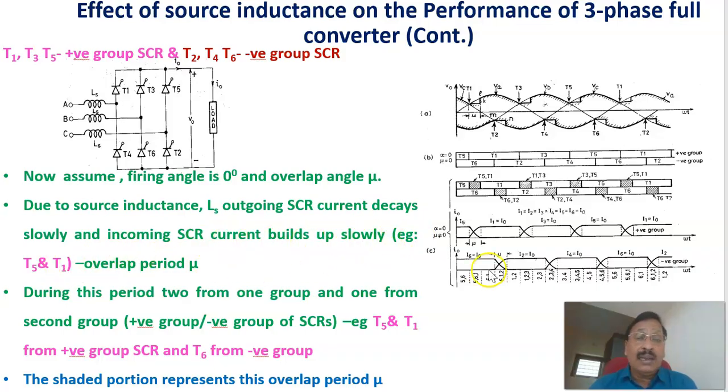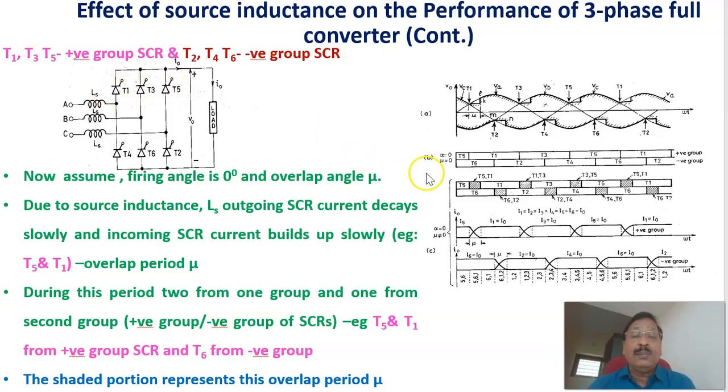Example, T5 and T1. Here we can see that the T5 current is slowly decaying and the T1 current is slowly building up. During this period, two SCRs from one group and one from the other group will conduct.